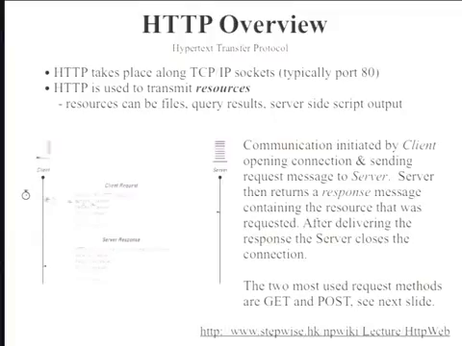The client sends a request with some header information and then the body. Then the server reads it and sends a response with response header information and then a response body. The two most used request methods are GET and POST. So I'm going to move on to the next slide where we talk about GET and POST.